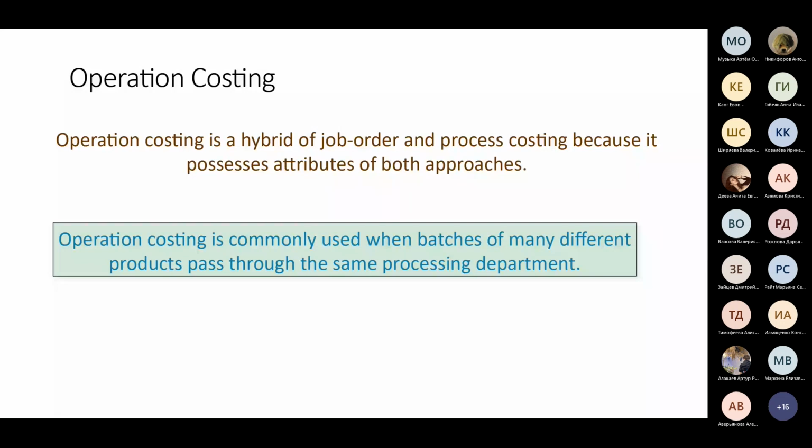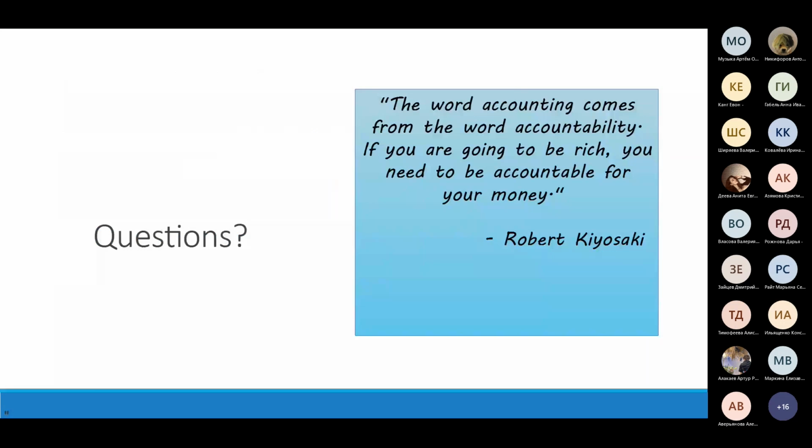The difference is the material used or the mix of materials used. And for this purpose, operation costing, this hybrid of job order and process costing, is really good, because all the activities are the same, but products are different because of the use of different materials. I think it's also clear.